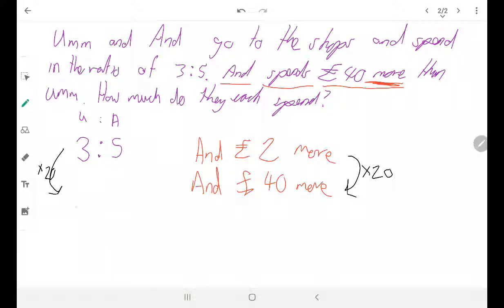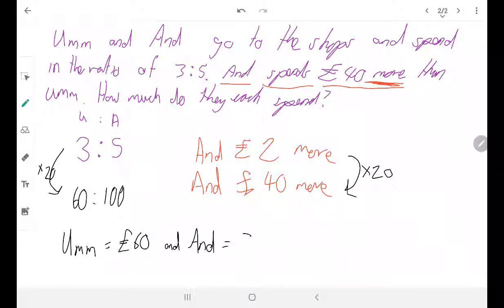So 3 times 20 is 60, and 5 times 20 is 100. And then we know that is £60 and is £100.